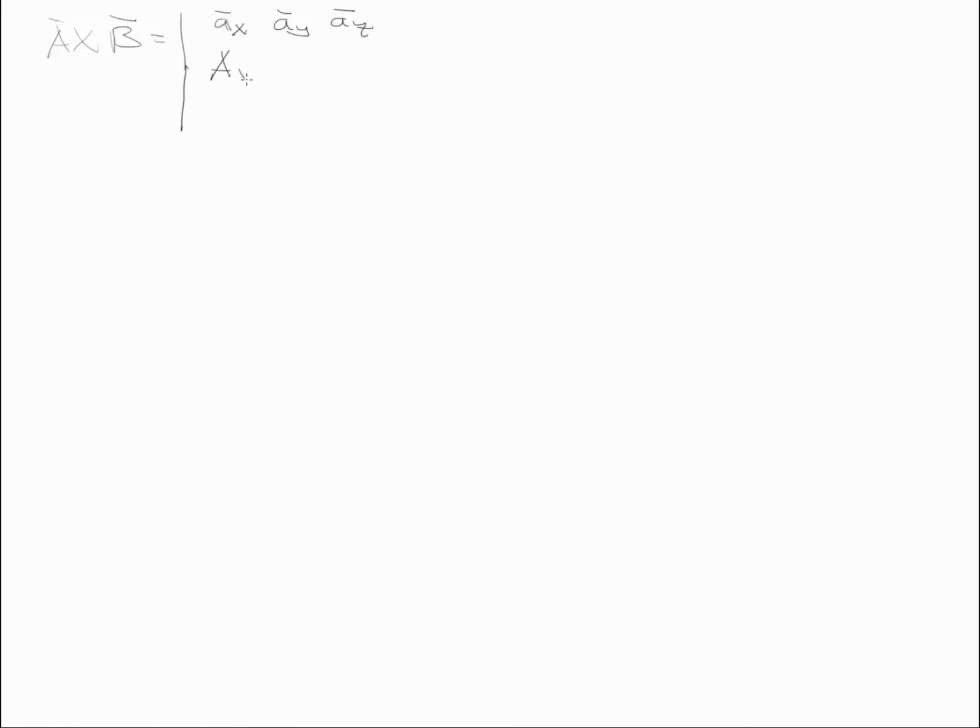And then you write the three components of your vector A and your vector B. So you had something like A is equal to AX plus AY plus AZ. And so you have BY and BZ. And then you just do the determinant.